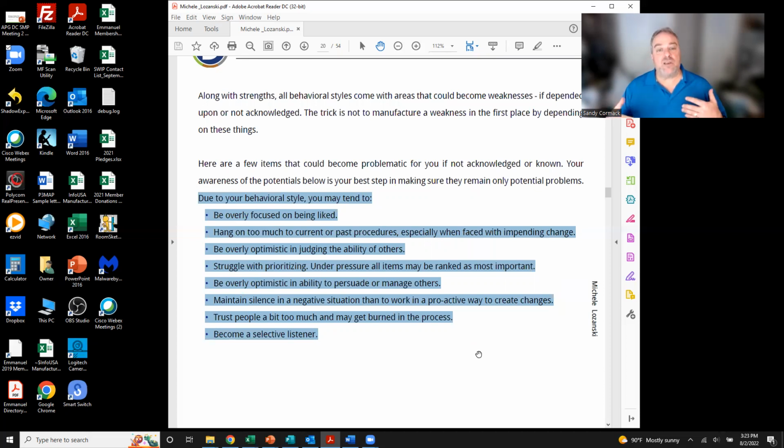These are some things that you want to understand about yourself as you move into that supervisor role. Because if these are blind spots for you, it's things that you need to work on, things that you need to learn how to manage in order to be successful as a supervisor.